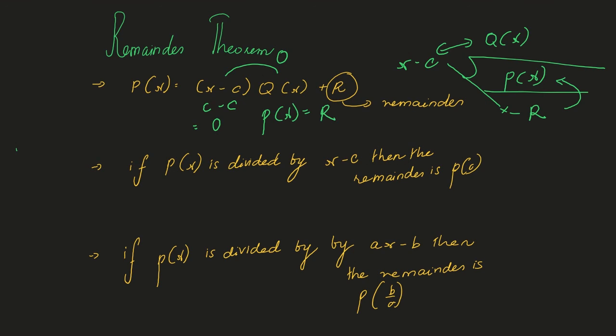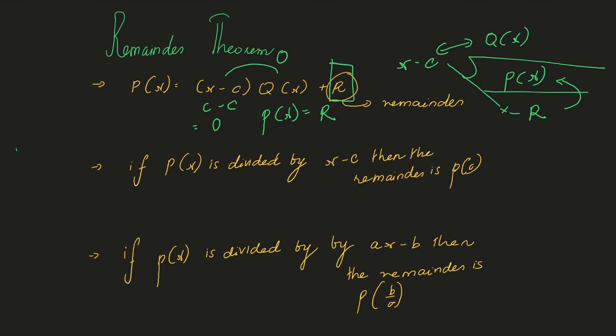Therefore, by applying this, we get the remainder theorem, which states that if p(x) is divided by x minus c, then the remainder is p(c), because we're subtracting c from c, getting 0, and the only remaining thing in this expression will be your remainder, which is r.